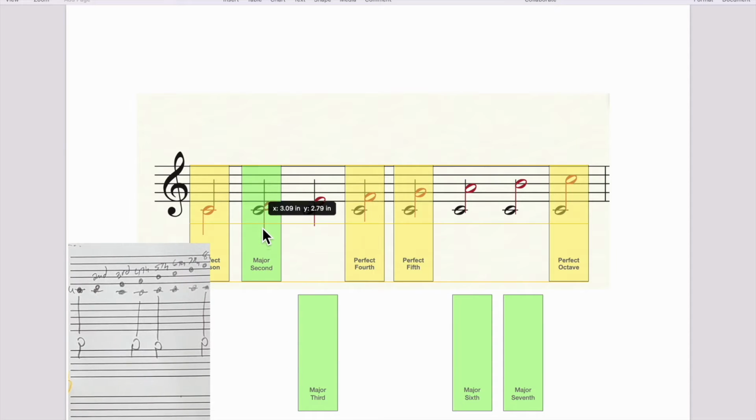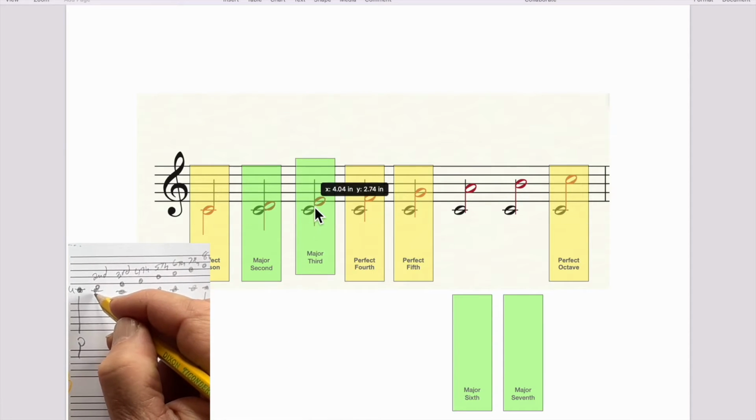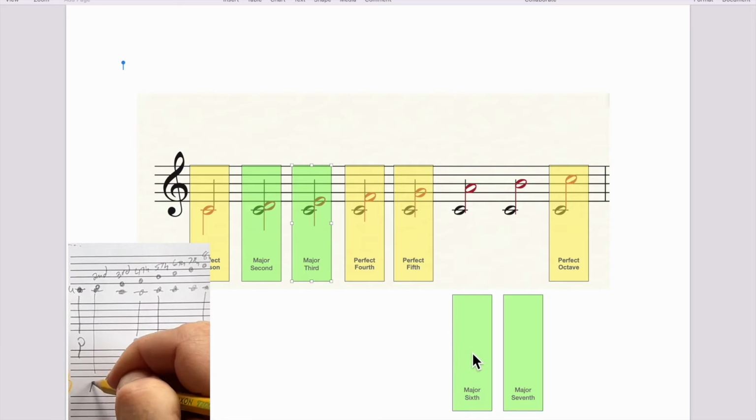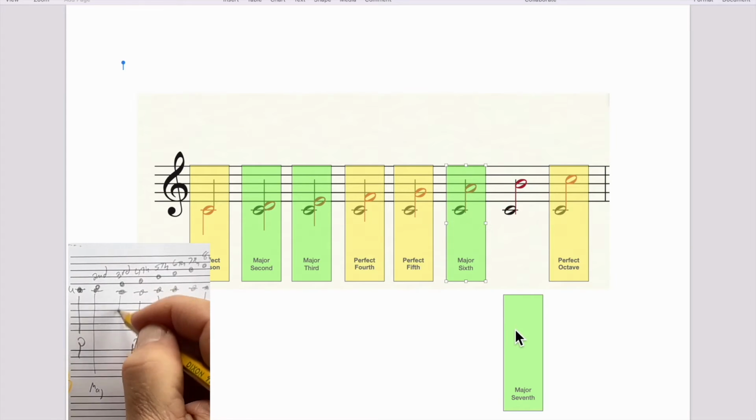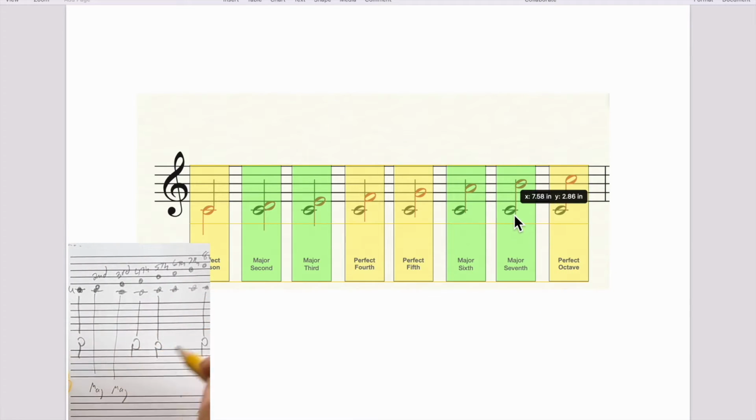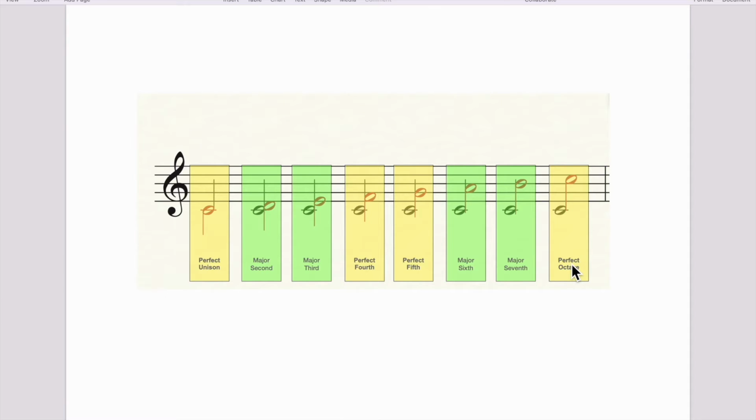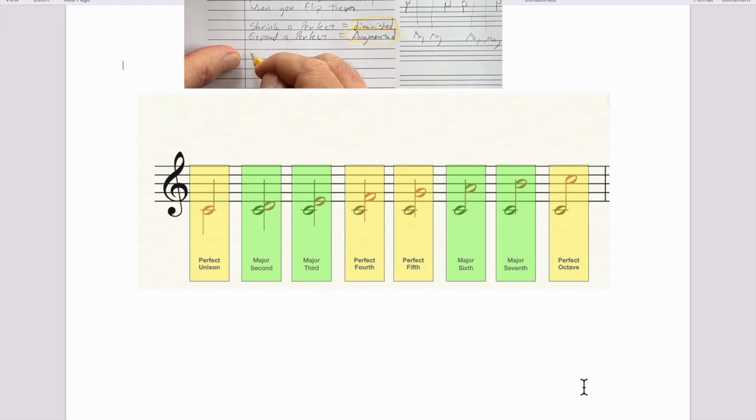The rest of them are going to be called major intervals. So once again, unison, fourth, fifth, and octave are perfect intervals. Second, third, sixth, and seventh are going to be major.